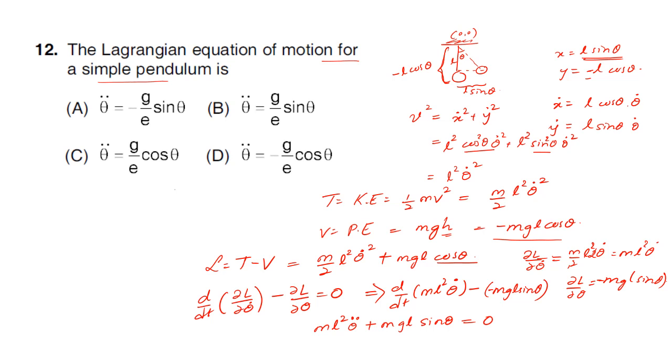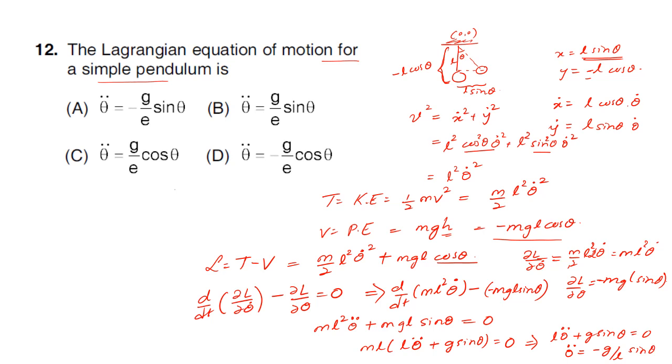So m and L are common. L theta double dot plus g sin theta is equal to 0, which implies theta double dot is minus g upon L sin theta.